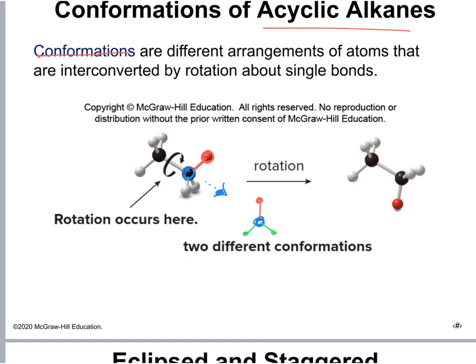The way you do the back carbon, if you're looking, you would draw it like that. And then you would see that this has a hydrogen there, this has a hydrogen there, and this has a hydrogen there. And so this is a Newman projection.